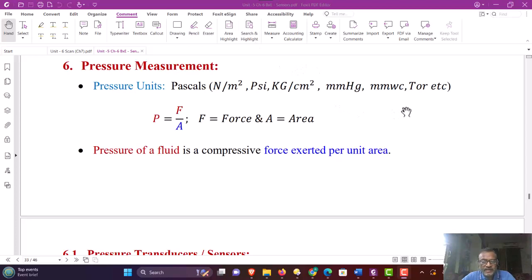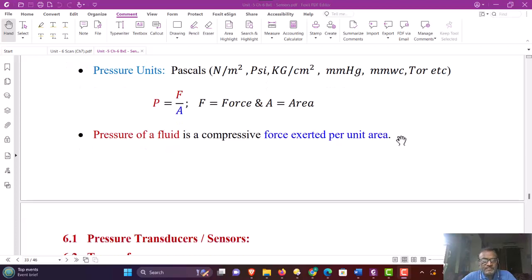Pressure P is defined as force per unit area, that is P is equal to F by A. So if area of cross section is larger, the pressure will be smaller. So this principle is used for measurement of pressure.